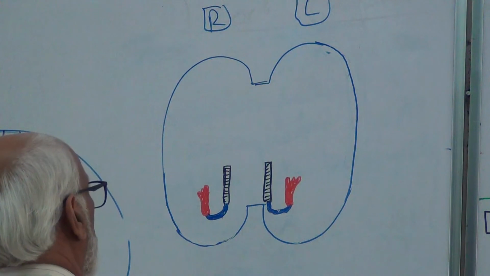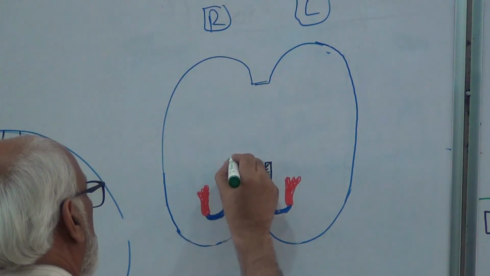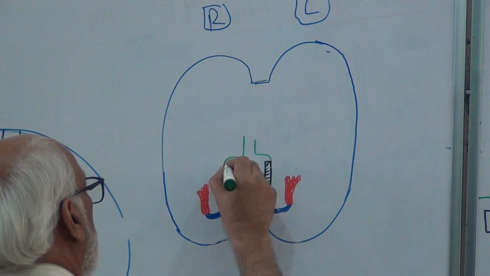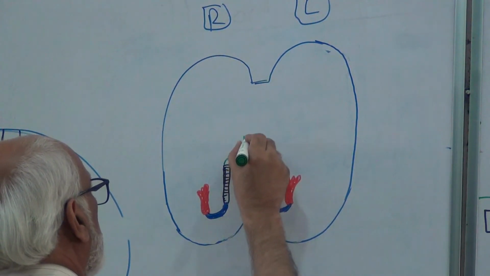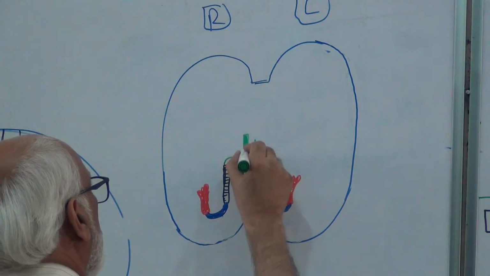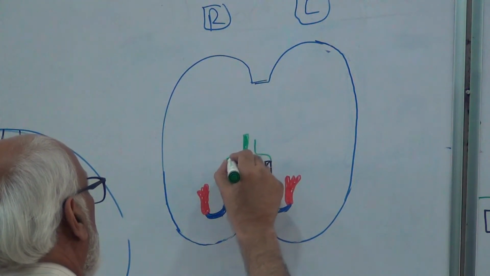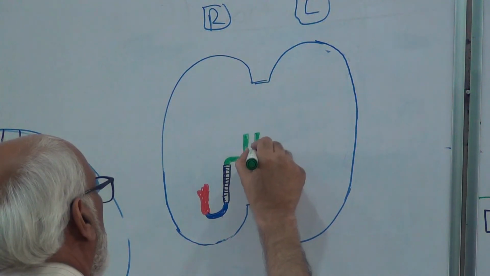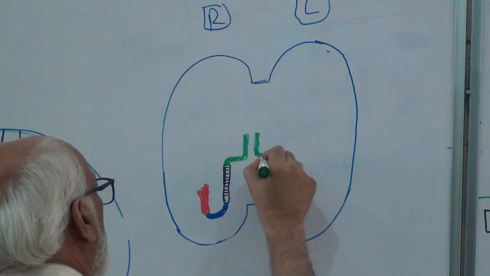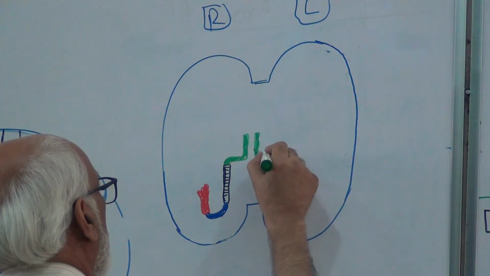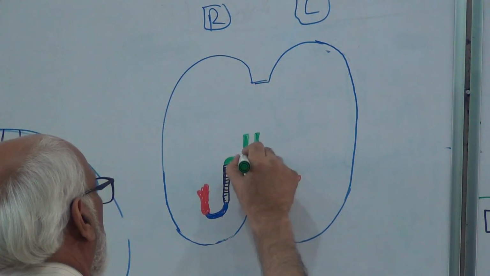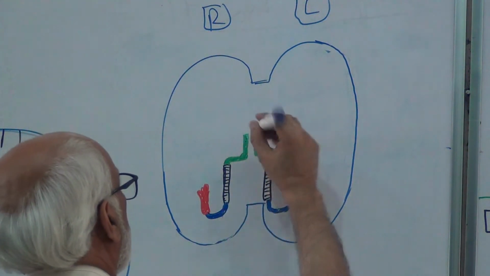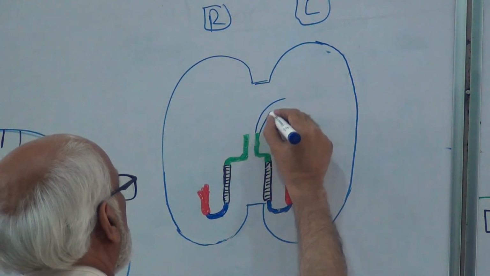And the two crura approximate to form the body of the fornix. And the body of the fornix continues as the column of the fornix on each side.